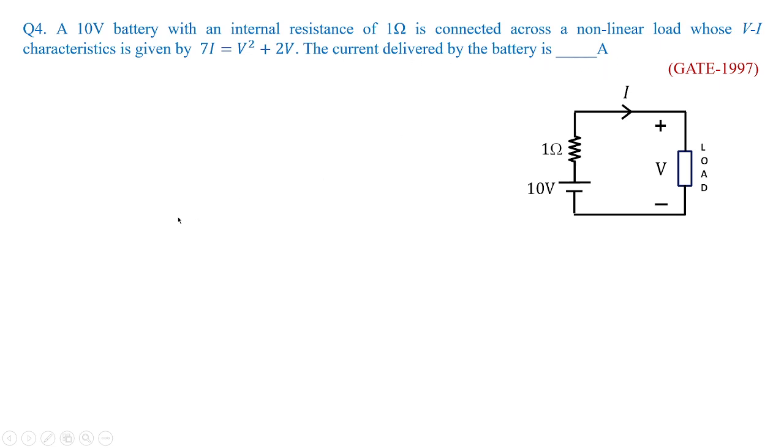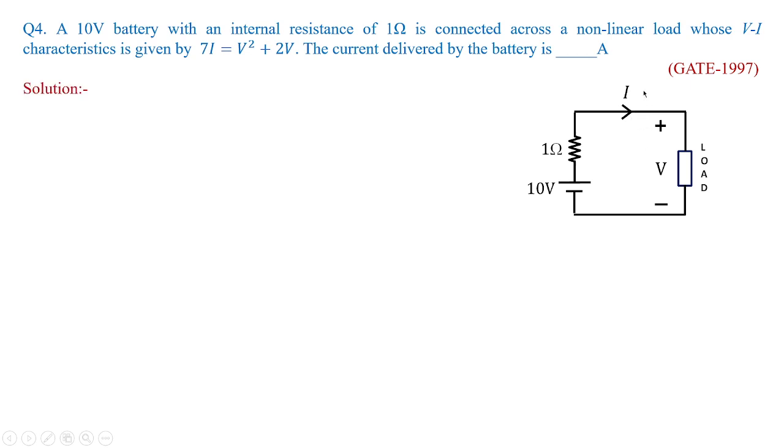So as I told you, the questions which were framed after the year 2000s were quite similar to the questions which were framed before 2000. So it's a GATE 1997 problem where you can see the question is twisted in multiple ways. You have a nonlinear load whose voltage is V, and you have 10 volts connected in series with 1 ohm delivering a current I. We need to find out the value of I.